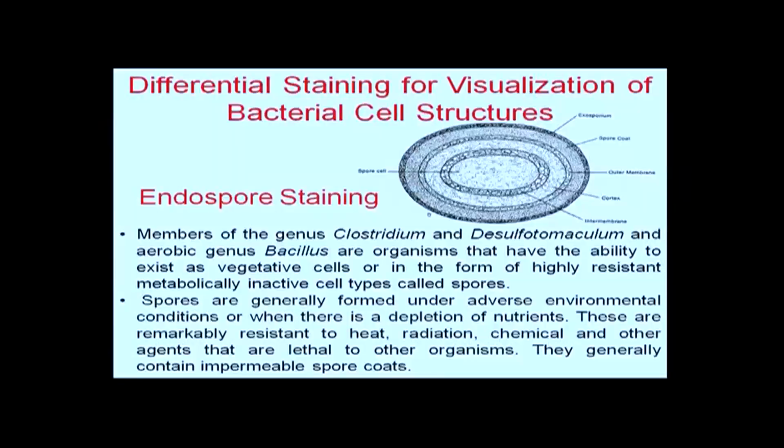Now, these endospores are generally formed inside the vegetative cells under adverse environmental conditions. Now, what kind of conditions? Like when there is a depletion of nutrients in the culture medium, or when there are adverse physical conditions like excess heat, excess chemicals, radiations, it leads to the formation of spores called endospores.